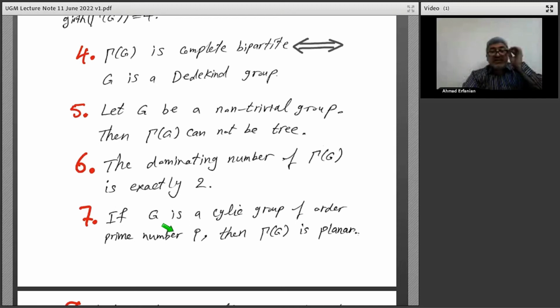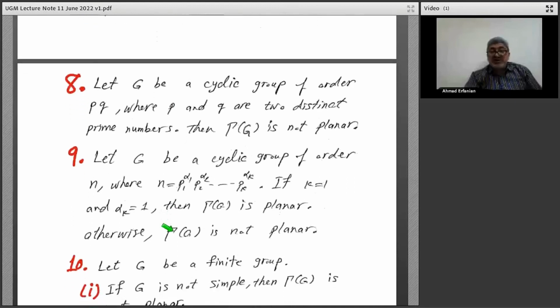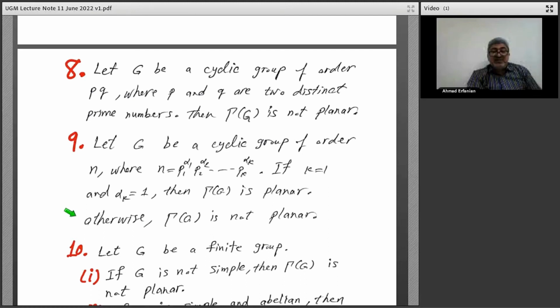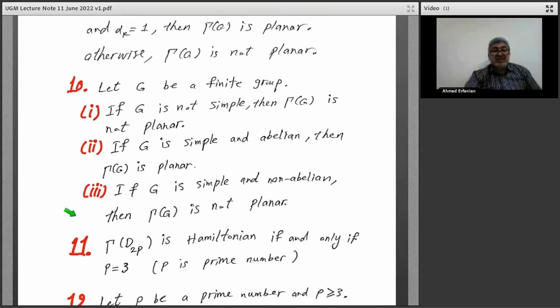If the dominating number is 2. If G is a cyclic group of prime order, then the graph is planar. If G is a cyclic group of order PQ, where P and Q are 2 distinct prime numbers, then the graph is not planar. And similarly for the cyclic group of order N, we have a condition for the graph to be planar or not planar.